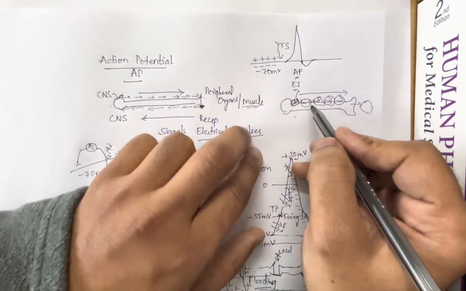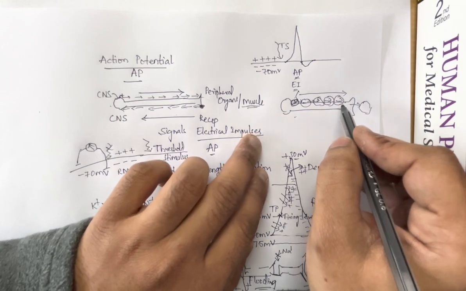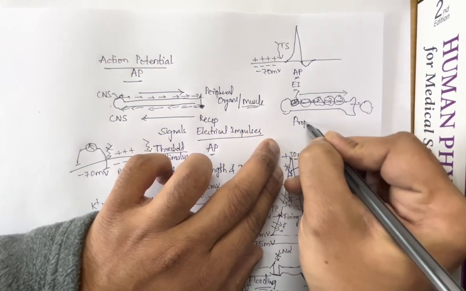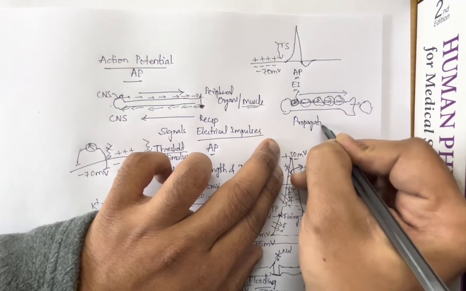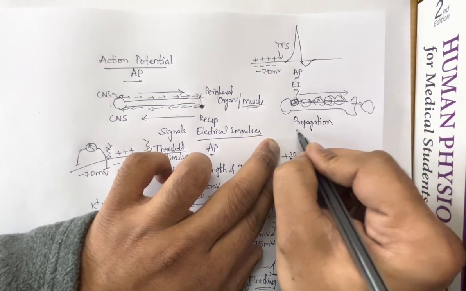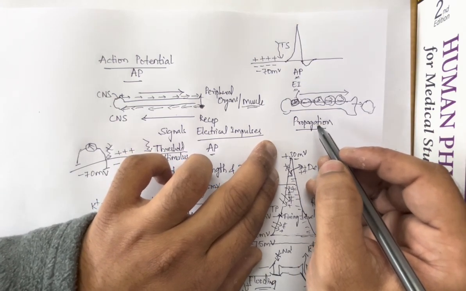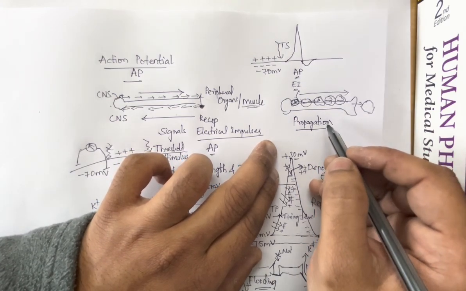So this is how the action potential propagates. So there is a property of action potential, that is propagation. There are two types of propagation of action potentials that we'll discuss in the subsequent classes.